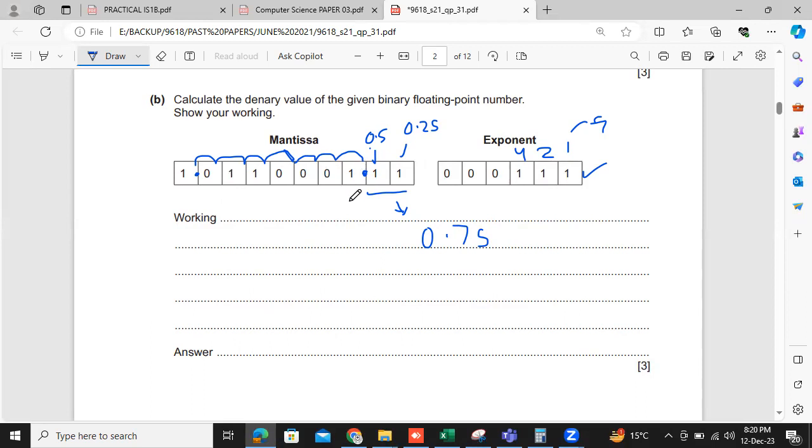This is 1, 2, 4, 8, 16, 32, then 64, and this one is 128. Sorry for my writing, I'm using my mouse, not my pen. Since this is 1, you do remember that once you have this as 1, this 128 is negative.